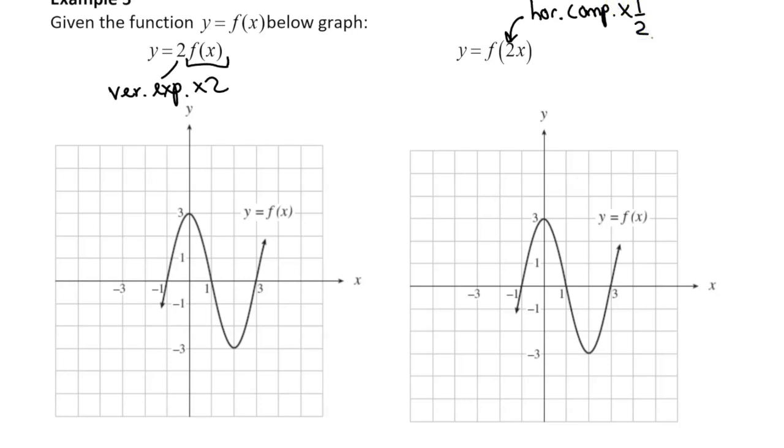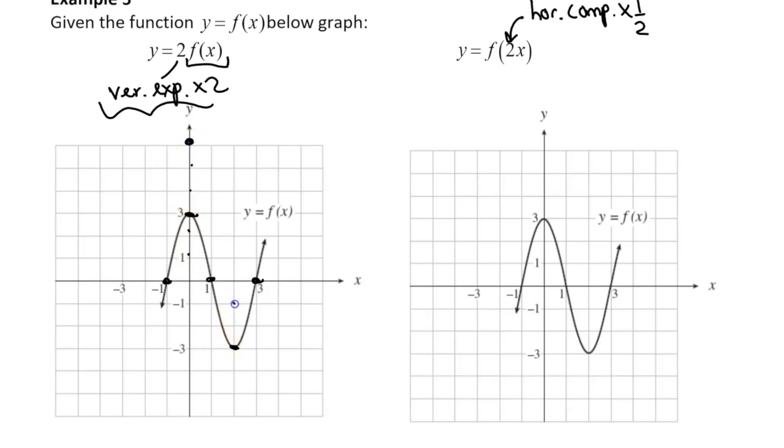So how would we adjust this right here? If we have a vertical expansion by a factor of 2, we're going to plot our key points right here. And now we want to double the y values. So vertical expansion by 2, you keep the same x values, and you double your answers. So here's the 3, so that becomes 1, 2, 3, 4, 5, 6.